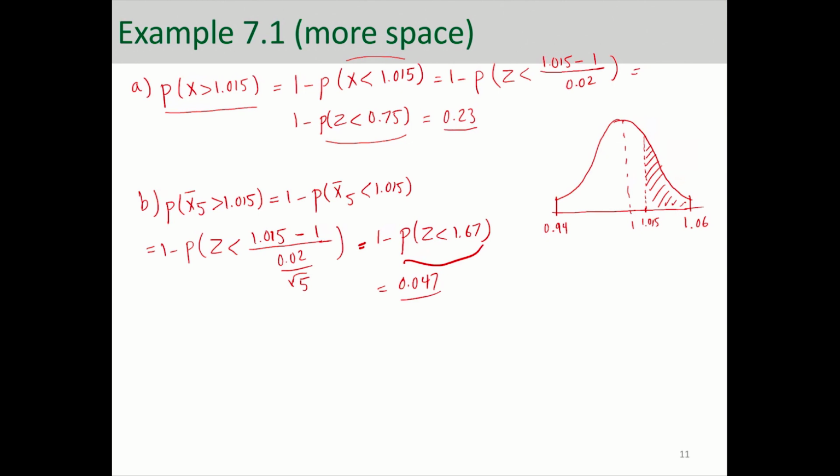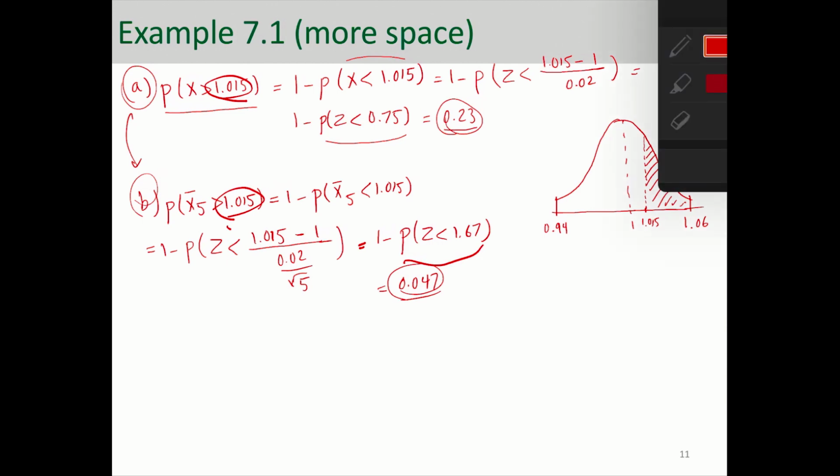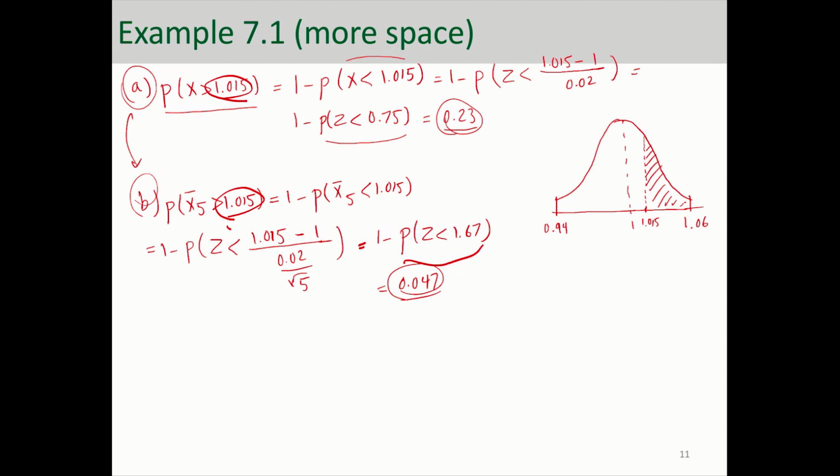So what happened here from part A to part B? Why did the probability go down? In part A, all we were doing is calculating the probability of x. Now here is x bar greater than the same number. The standard deviation has changed from 0.02 to 0.02 divided by square root of 5.